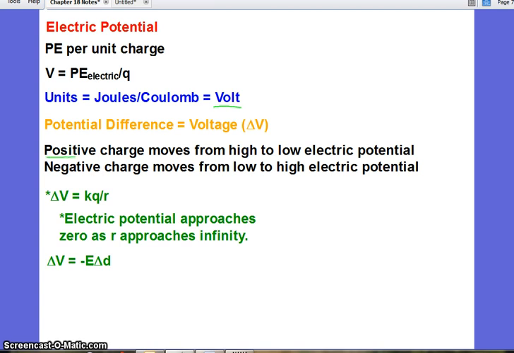Positive charges tend to move towards lower electric potential, and negative charges tend to move towards higher electric potential. And our two equations for voltage, or potential difference, are that voltage is kQ over R if the other distance is at infinity, or voltage is the opposite of the electric field times the change in displacement, the distance between the two plates.